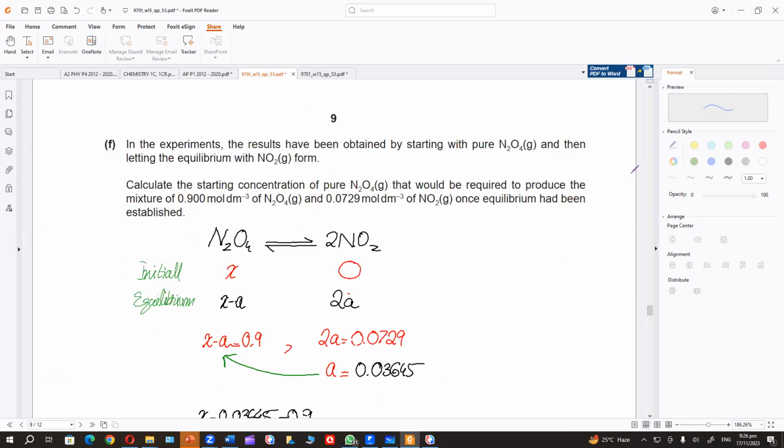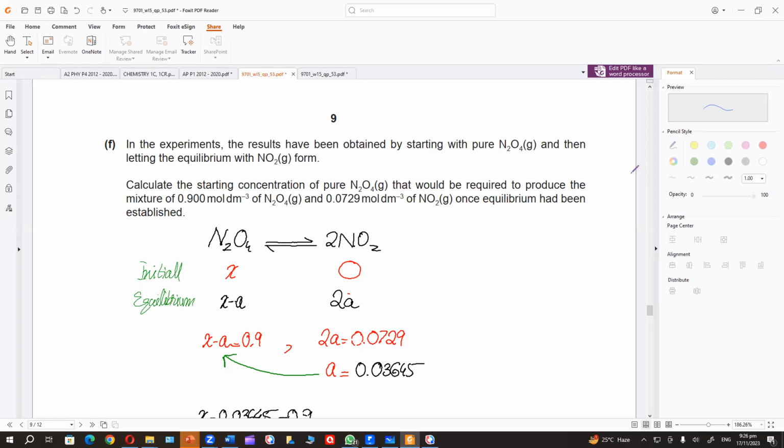In the experiments, the results have been obtained by starting with pure N2O4 and then letting the equilibrium with NO2 form. Calculate the starting concentration of pure N2O4 that would be required to produce the mixture of 0.9 mole per dm cube N2O4 and 0.0729 mole per dm cube of NO2 once equilibrium had been established.